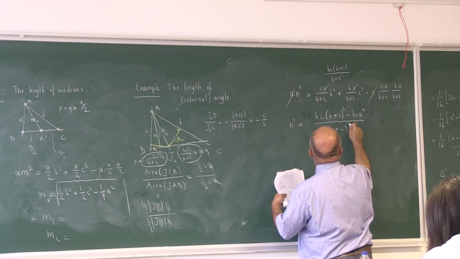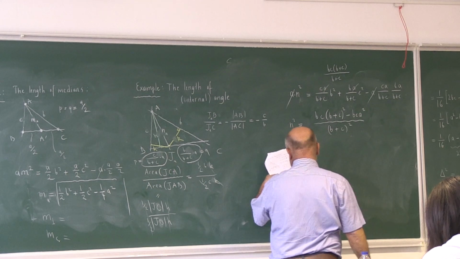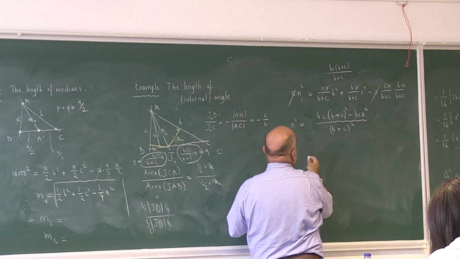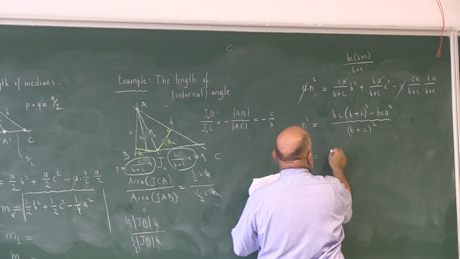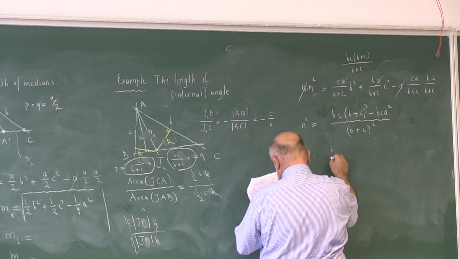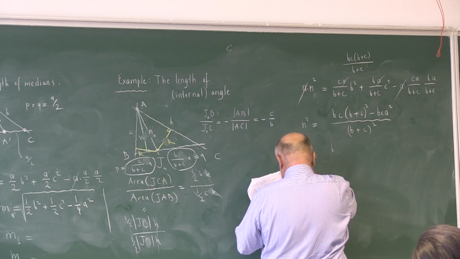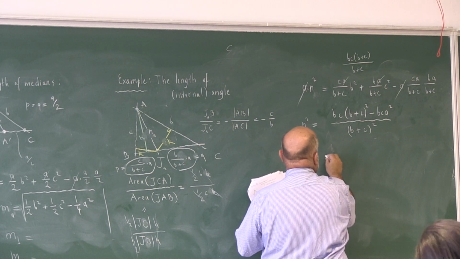A rather nice formula is almost there. Of course, you can write this nice formula in many different forms. I prefer to write it like this. I take out B, and I like to write it like this.